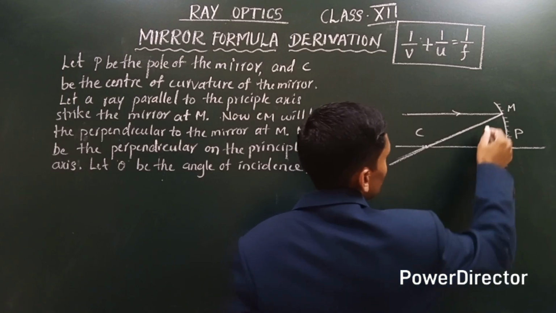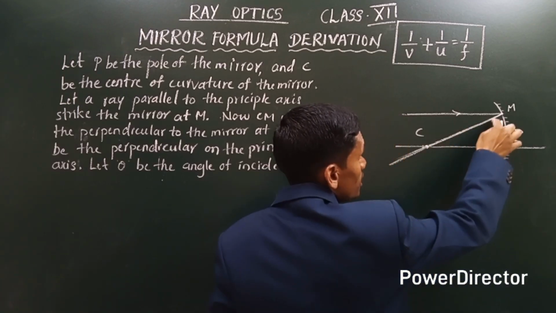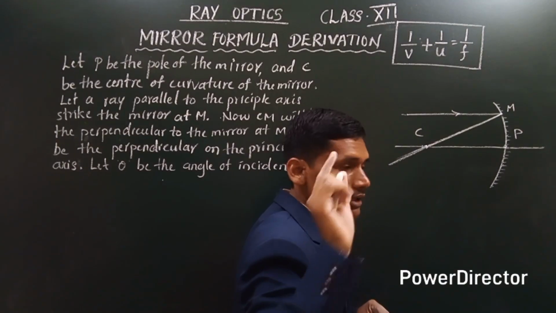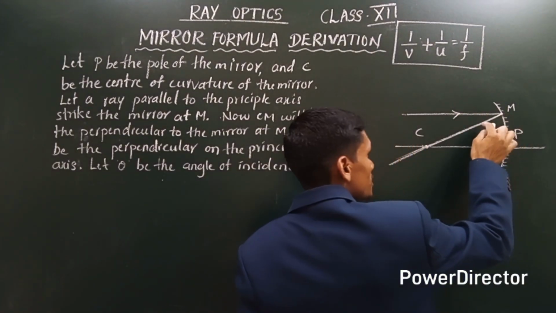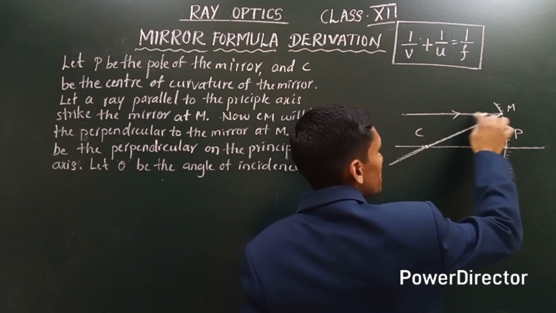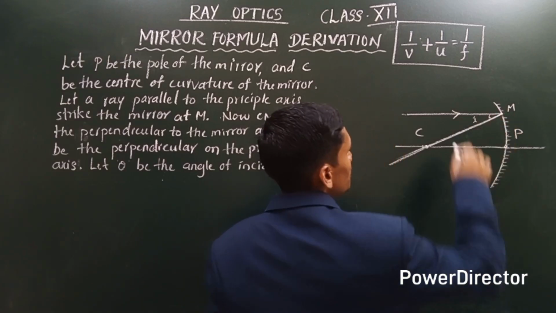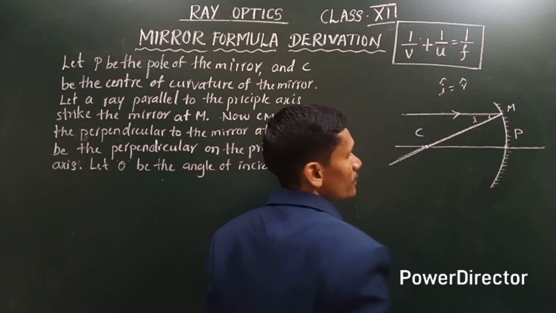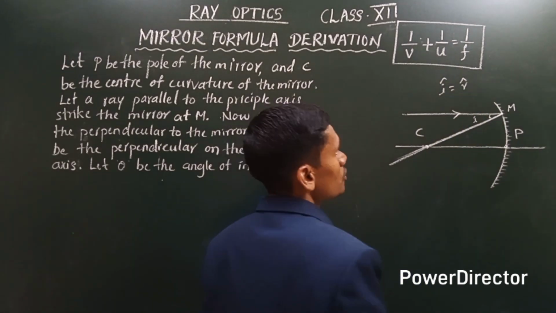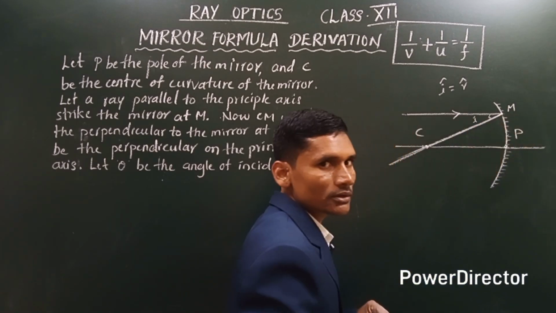This is not a reflected ray, it is just the normal. With this normal, the incident ray makes an angle, the angle of incidence I. Angle of incidence is equal to angle of reflection. This is the law of reflection, which you know already. So the same angle has to be made after reflection by that incident ray.